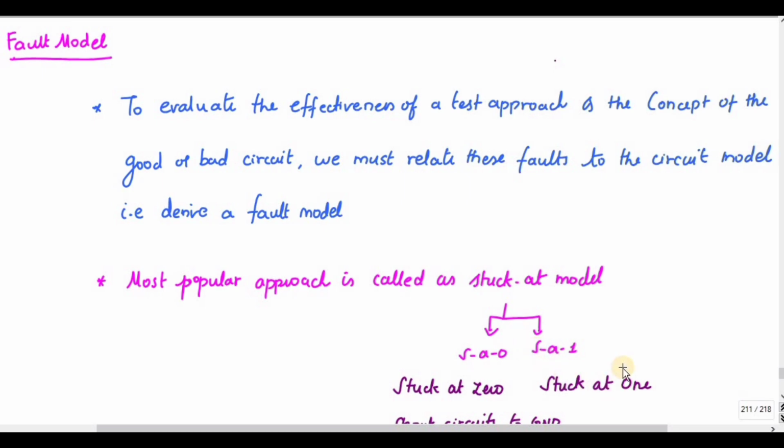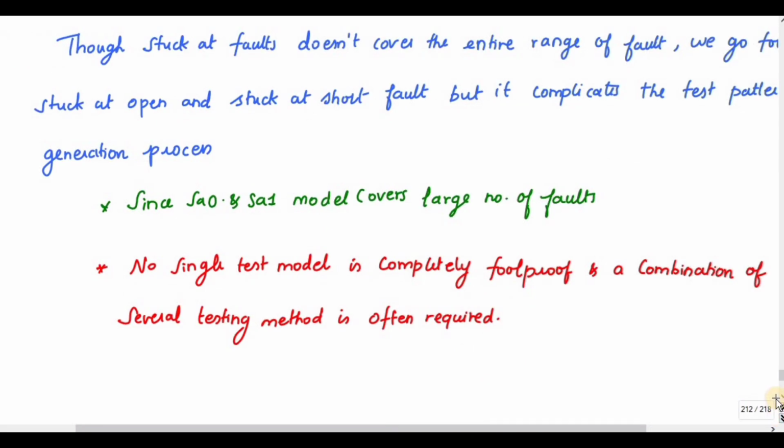What is stuck-at 0? It means the circuit node is short-circuited to the ground. Stuck-at 1 means it is short-circuited to VDD. Though the stuck-at fault model doesn't cover the entire range of faults, we could go for stuck-at open and stuck-at short faults, but that will complicate the test pattern generation.